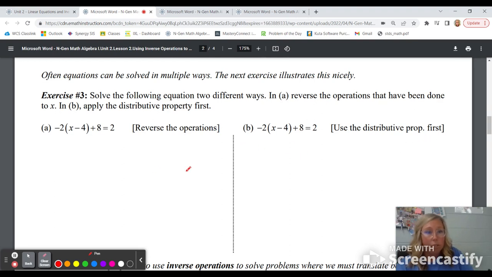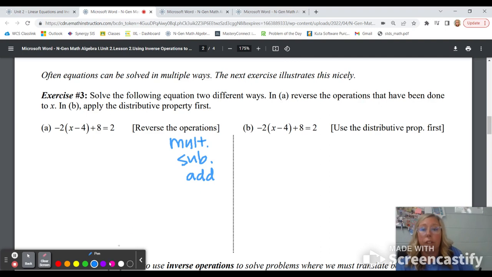Either method should get the same result; it's just two different ways of looking at the problem. For example A, we have distributing of -2, which we know the distributive property is just multiplication. So I'm going to list the operations. First we have multiply. Then subtract. Then addition.